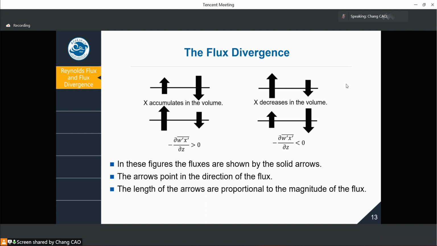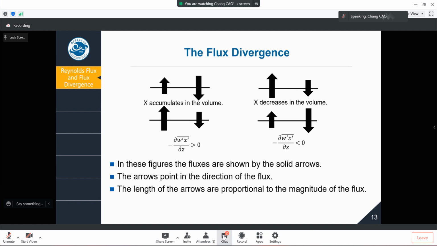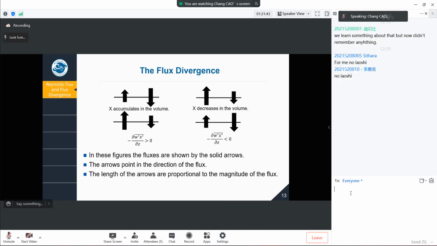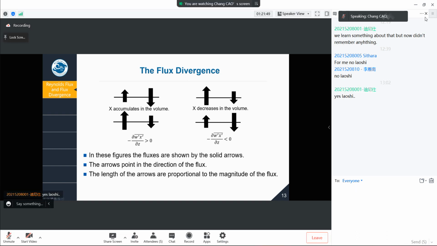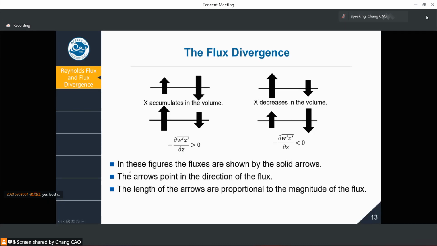Or Sitara, can you understand this? Kasindu and Inu, can you understand? Understood, Laosha. Okay, Sitara, can you just explain why this one should be positive?